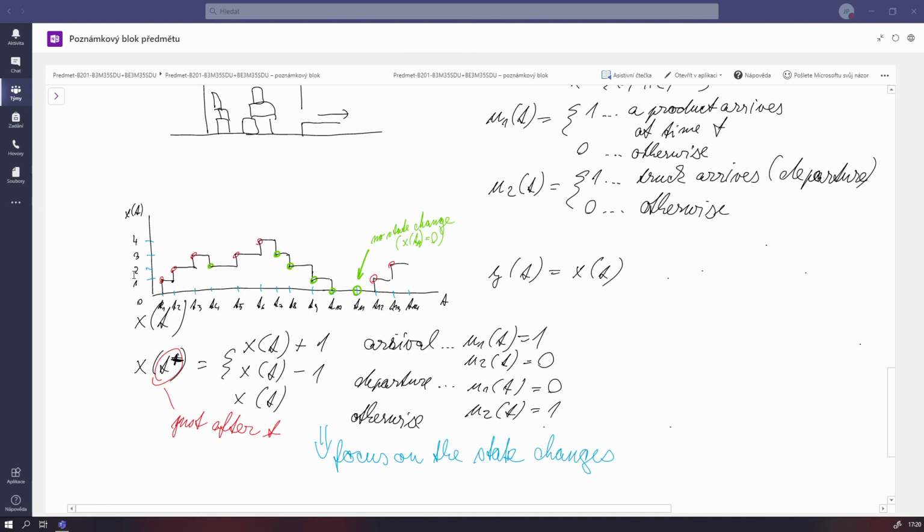This situation is handled by event-driven systems, which means that the state change is performed at various time instances, at various lengths of the intervals.